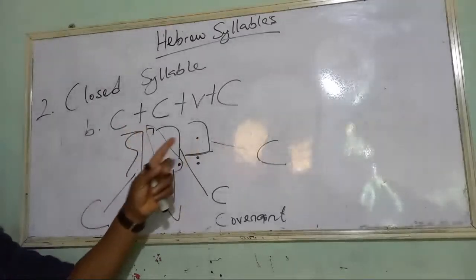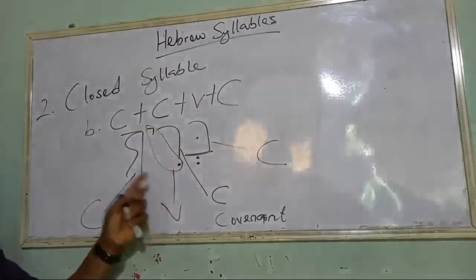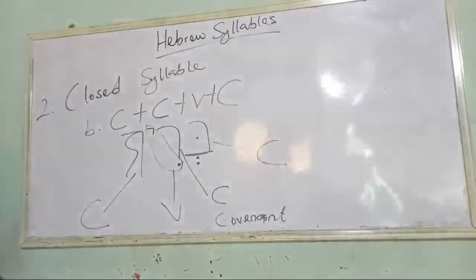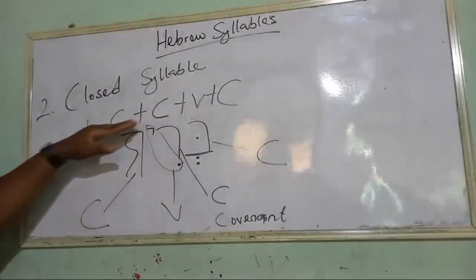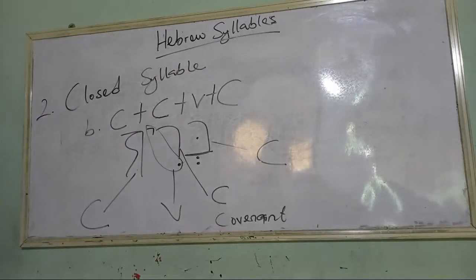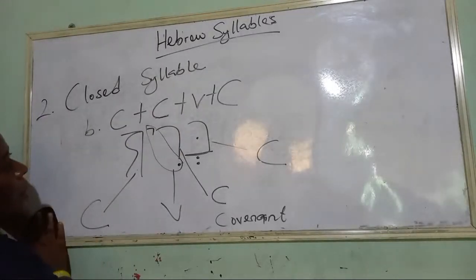Consonant plus consonant plus vowel plus consonant. So when you have this pattern, you know that it is a closed syllable.